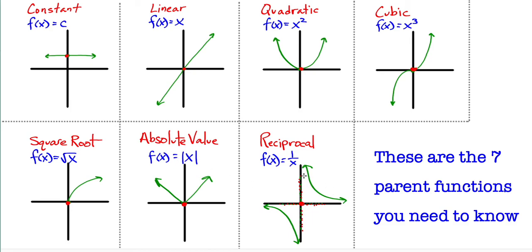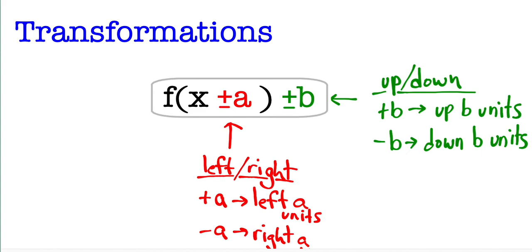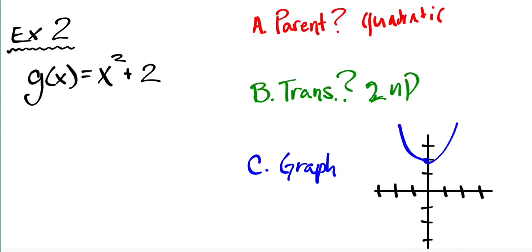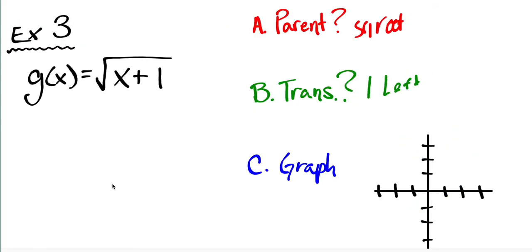And on the reciprocal one, you're never going to see a parentheses because the plus and the minus numbers would be on the bottom of a fraction. The bottom of the fraction acts like a grouping symbol. And for up and down, they would just be at the very end, not part of the fraction. So when I say parentheses, it just acts like a grouping symbol.